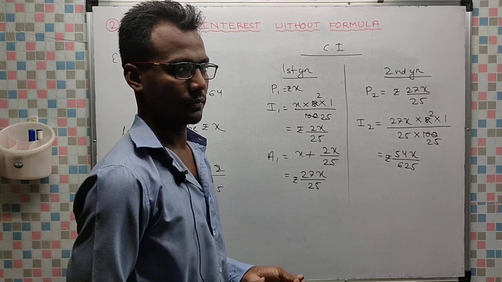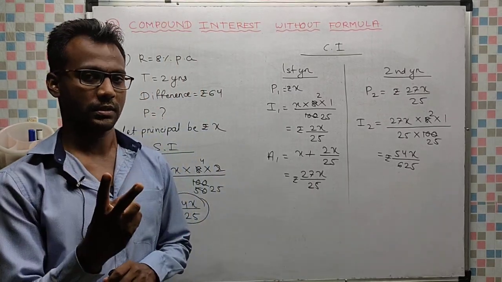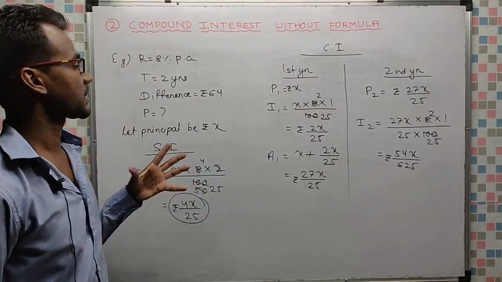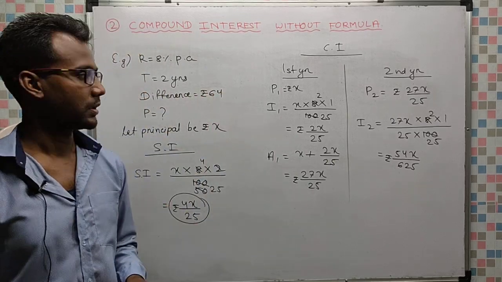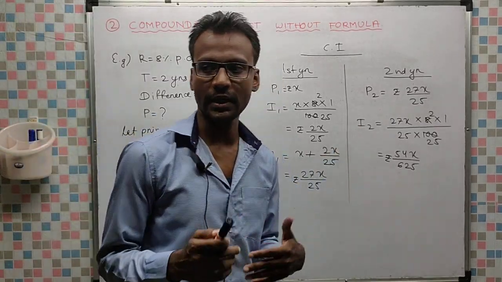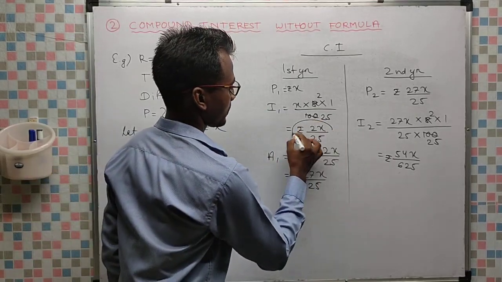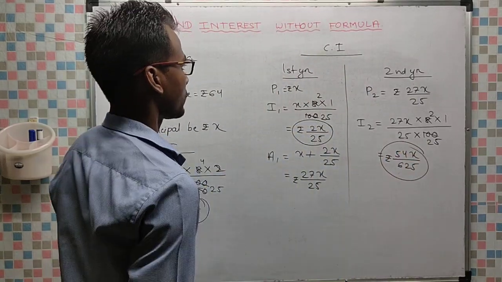This is I2. Our target is to calculate compound interest for 2 years, not the second year alone, because in the question the difference between CI and SI for 2 years is given. So my target is I1 plus I2.